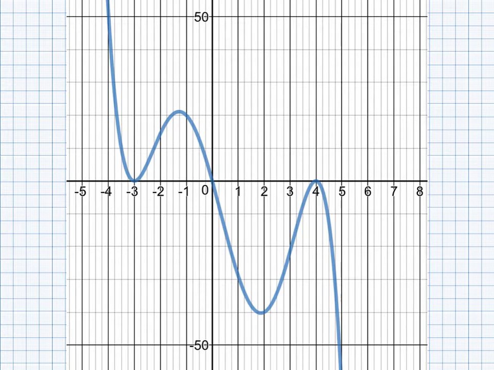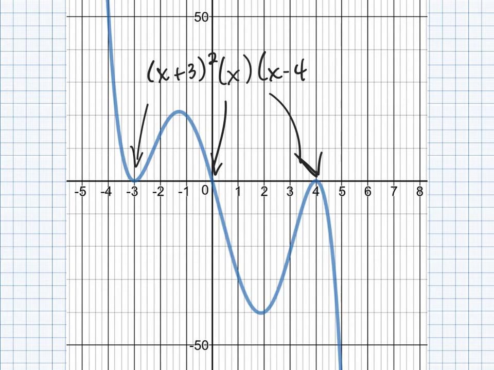And finally, the factor associated with that root, x plus 3, it's bouncing, so it's going to be squared. X, crossing, so no exponent. And sorry, getting sloppy. X minus 4 squared. Ending direction is down, so I need to make that whole thing negative. And there's my basic equation.